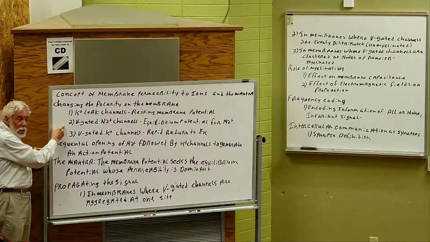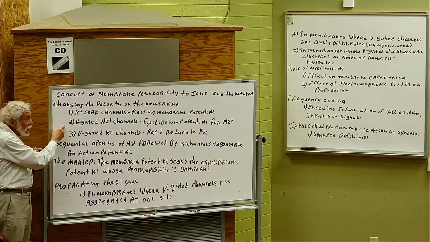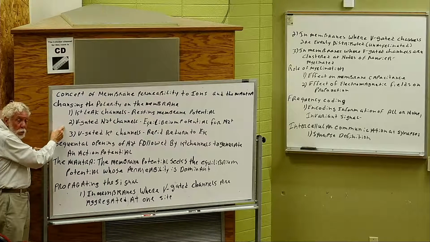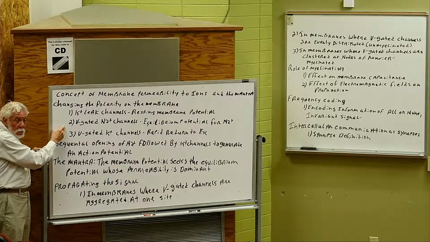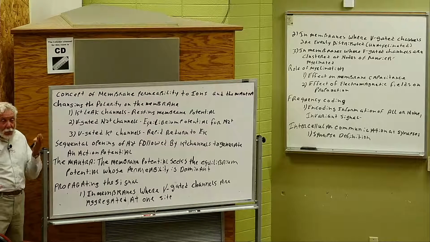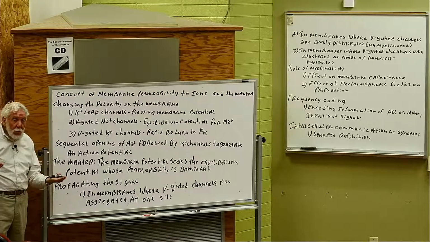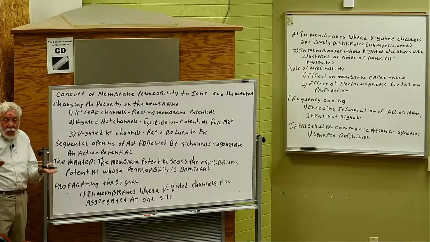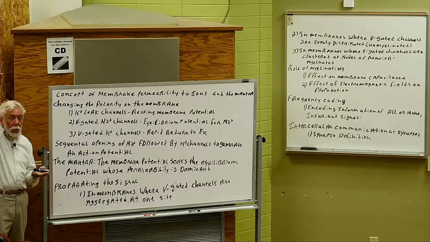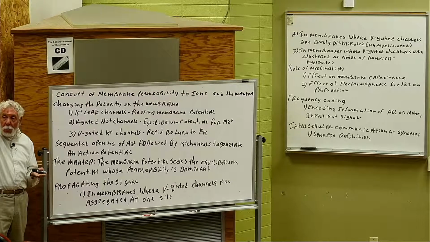Dominant permeability is sodium. So the membrane potential will seek the equilibrium potential for sodium. I'll show you, but the equilibrium potential for sodium is about plus 40 millivolts. So in this way, we can change the membrane potential from the resting membrane potential of minus 70 or 80 millivolts, the equilibrium potential for potassium, up to about plus 40 millivolts, which is the equilibrium potential for sodium.